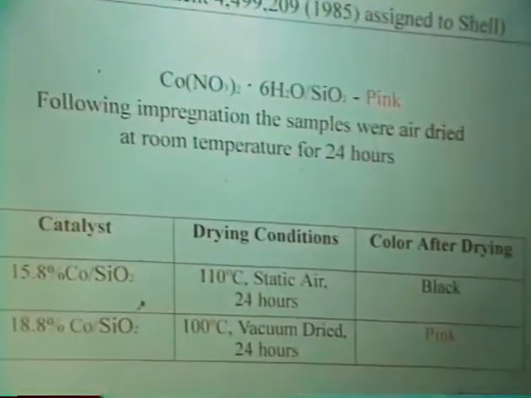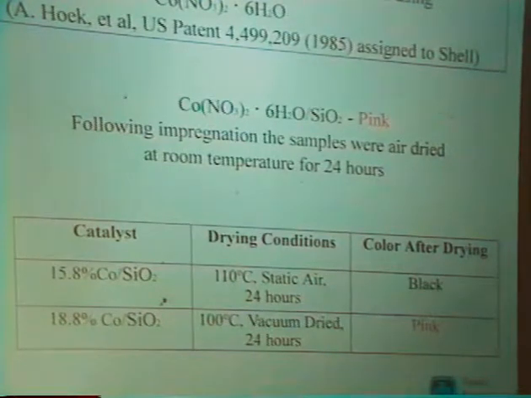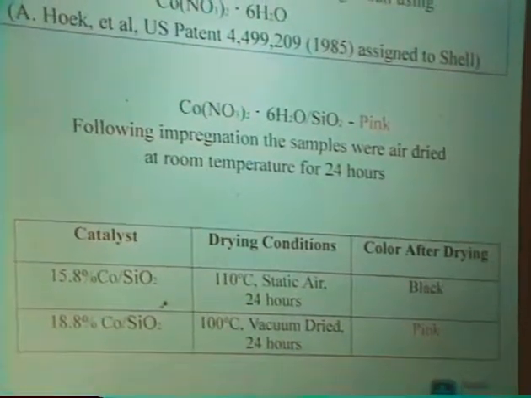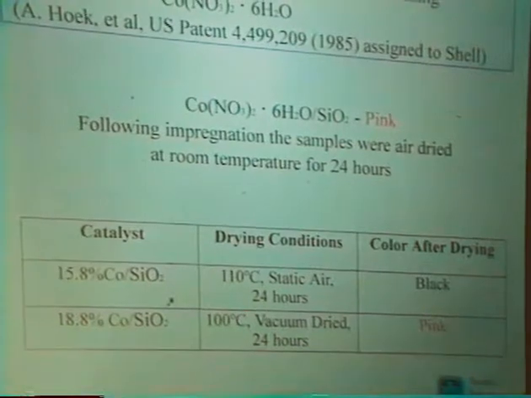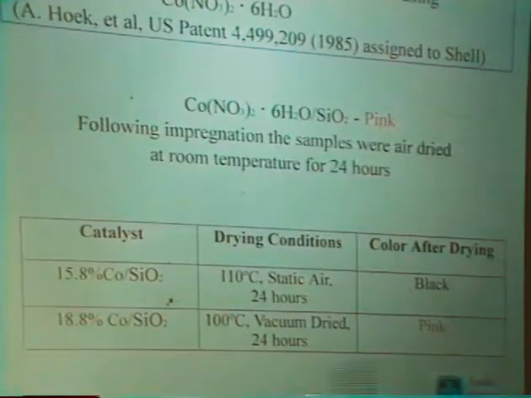Now, in the patent literature, they discuss in detail the preparation and the impregnation of the cobalt onto the silica. After that, though, they state the catalyst was dried and calcined. They make no mention of the conditions these were done under. In our experiments, following the impregnation, the samples were air dried at room temperature for 24 hours.